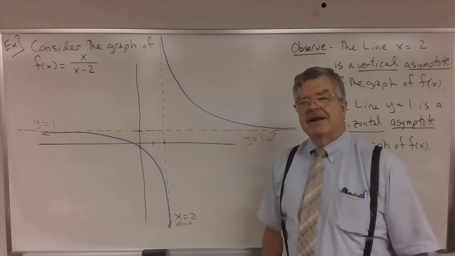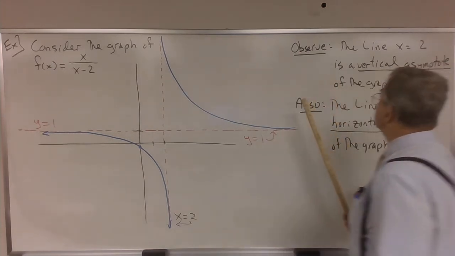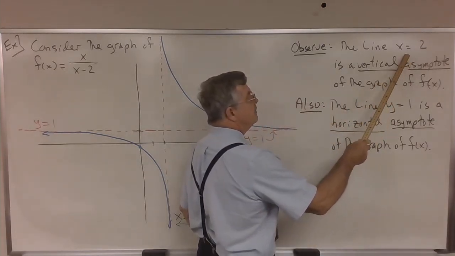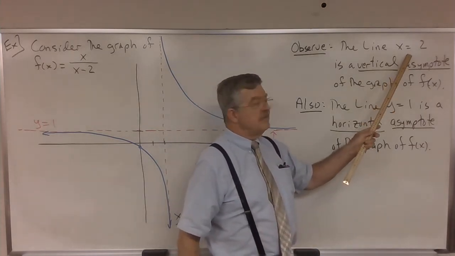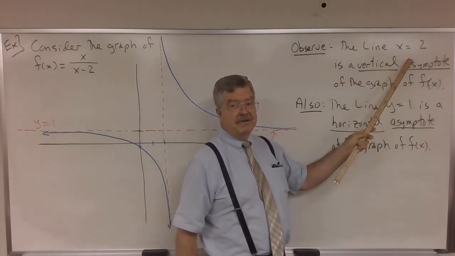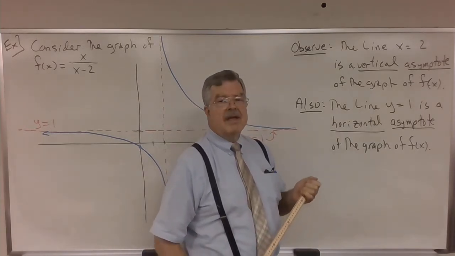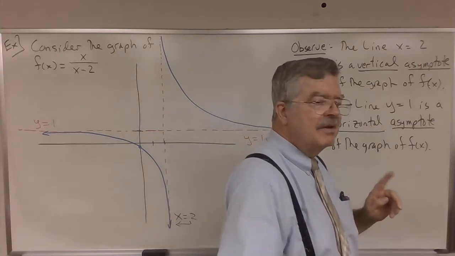And coincidentally or not so coincidentally, the vertical asymptote of the graph occurs at x equal 2. That value of x that causes division by 0. This is something worth noting.